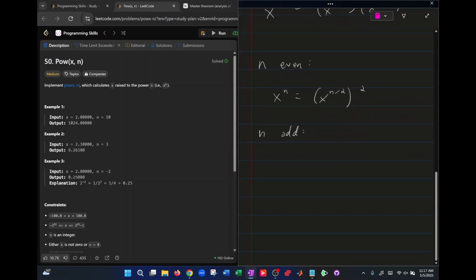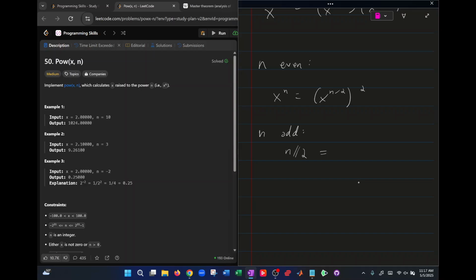What we can do is use floor division. So n // 2 is the greatest integer which is less than or equal to n divided by 2.